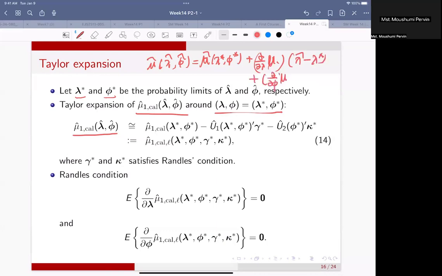But what is this? This is actually, this should have come from the equation that determines, right, the estimating equation that determines the lambda hat and phi hat.